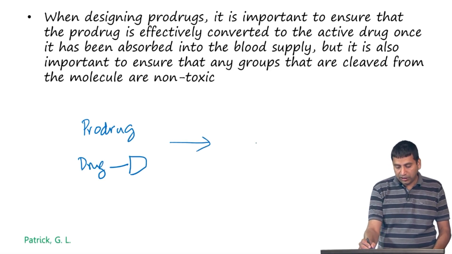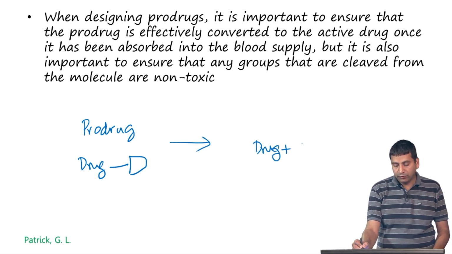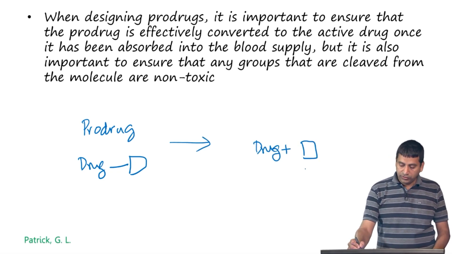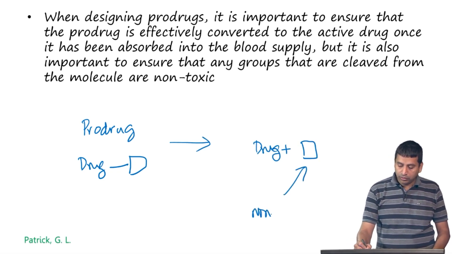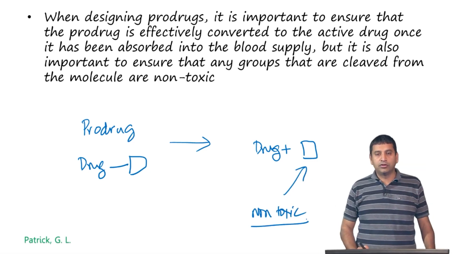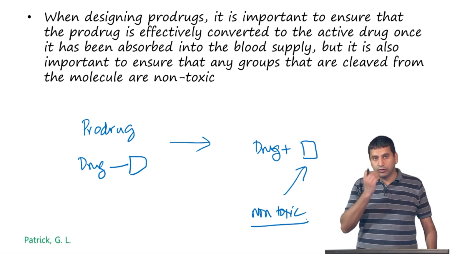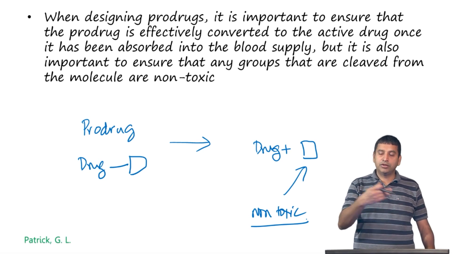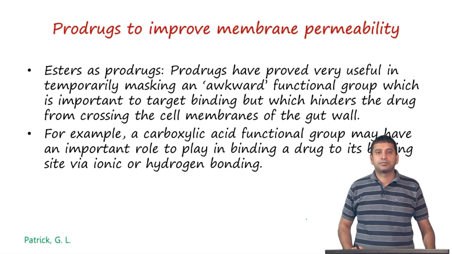Now, when it forms the actual drug, it is going to give away this appendage and this should be non-toxic. Okay. So, whatever falls off, if it turns out to be toxic, then it becomes a huge problem, because then we are dealing with toxicity issues associated with the byproduct.